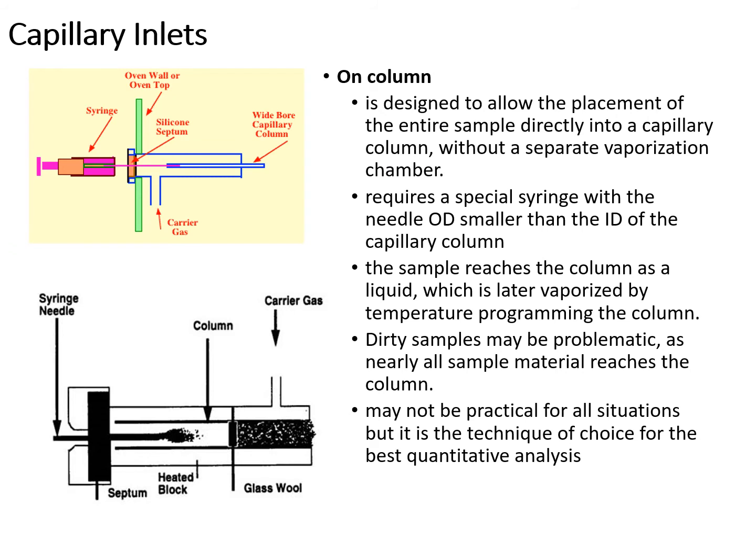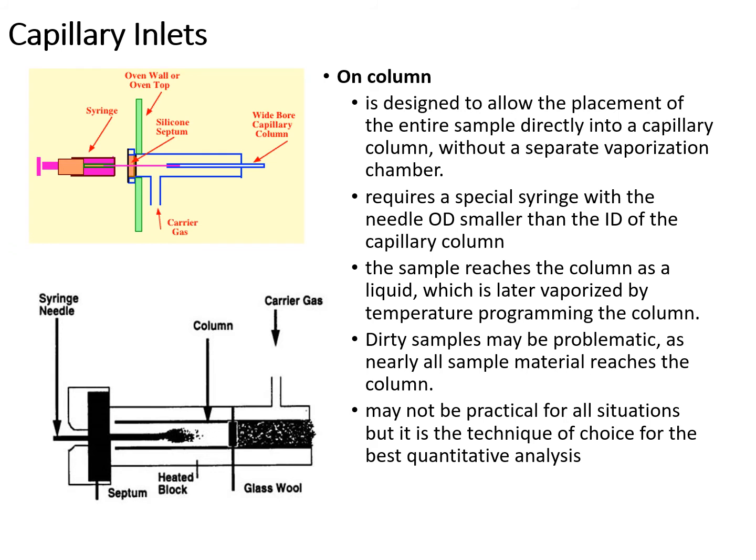Okay class, let's move on to the capillary inlets. On-column is designed to allow the placement of the entire sample directly into a capillary column without a separate vaporization chamber. This may require a special syringe with a needle outer diameter smaller than the internal diameter of the capillary column.